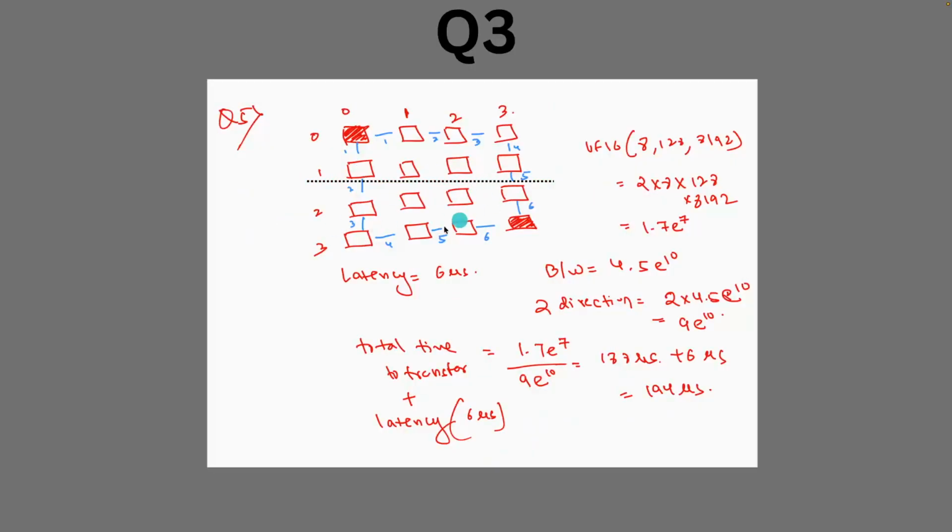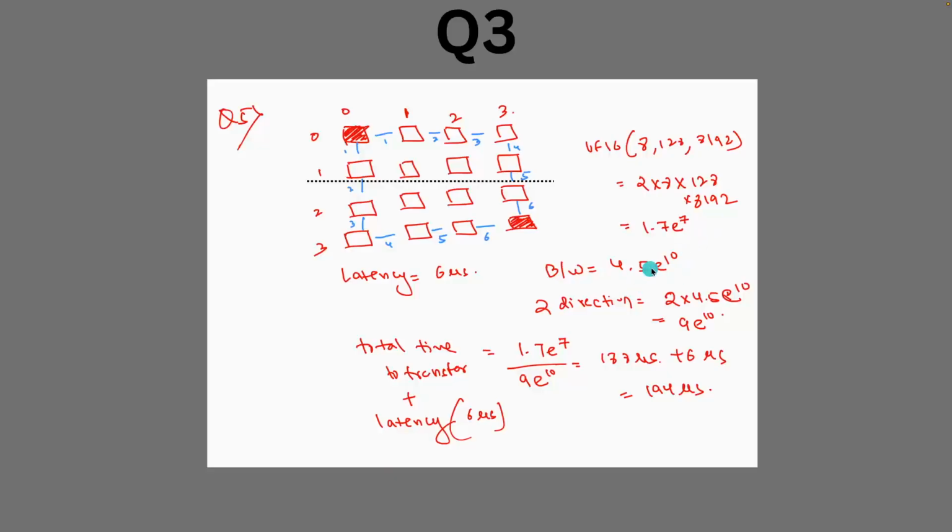Now you have a BF16 matrix, which comes to around 1.7e7, 10 to the power 7, total bytes of data.